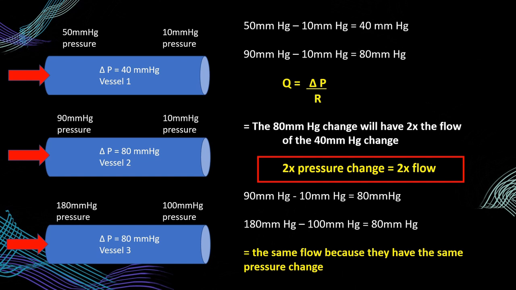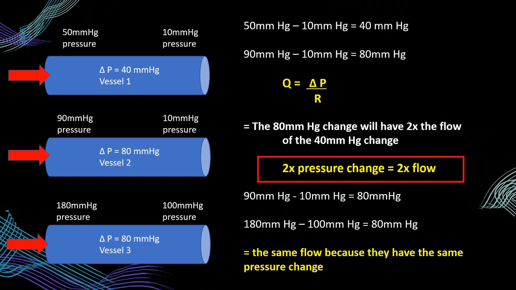So it has a pressure change of 80 millimeters of mercury. And that's designated by the second equation. 90 millimeters of mercury minus 10 would be 80 millimeters of mercury. This change will have 2 times the flow because I have doubled the change in pressure. I went from 40 to 80, so the double the pressure change will double the flow.